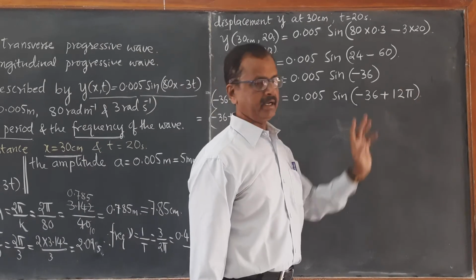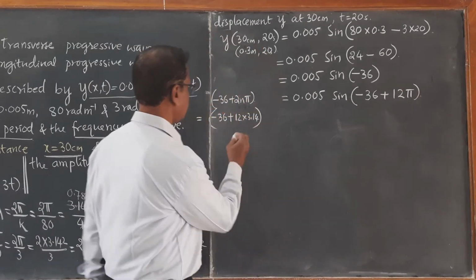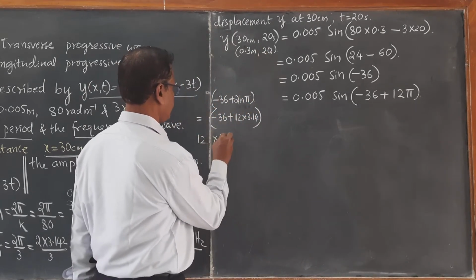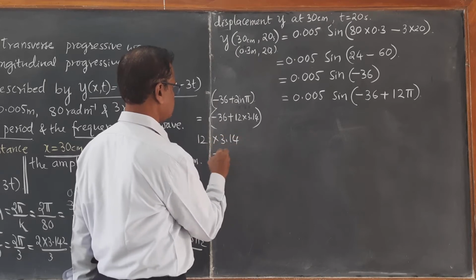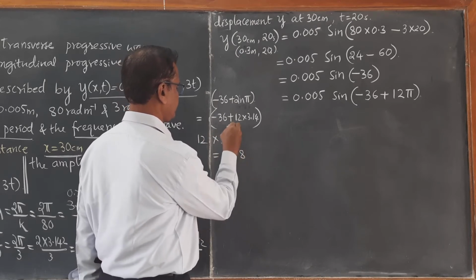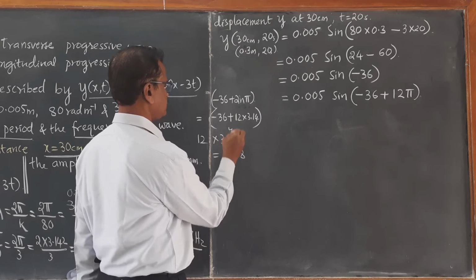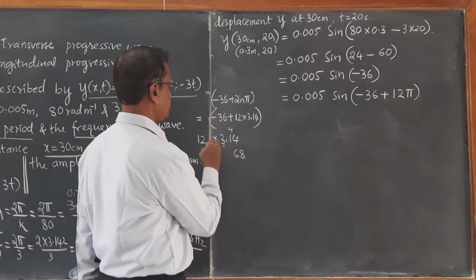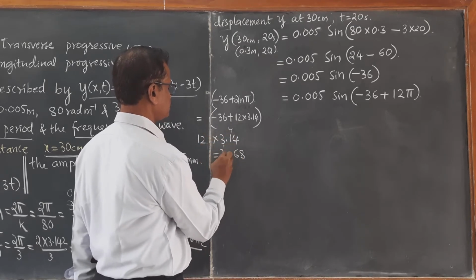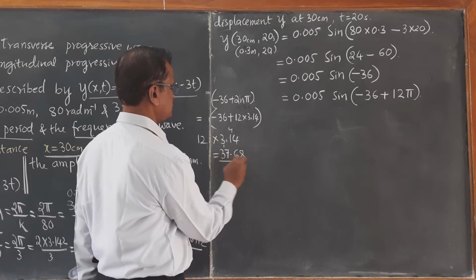So what is the value of 12 pi? 12 into 3.14. If you calculate this, 12 4s are 48, carry 4. 12 1s are 12 plus 4, 16, carry 1. 12 3s are 36 plus 1, 37. So 37.68.